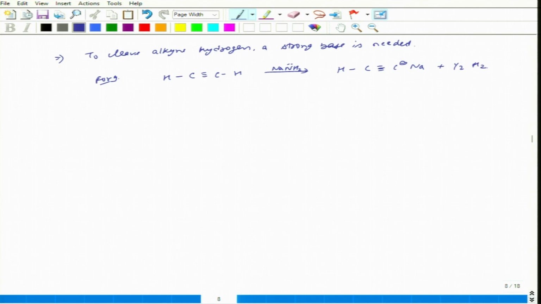But do remember, the hydrogen attached to the triple bond carbon is acidic.